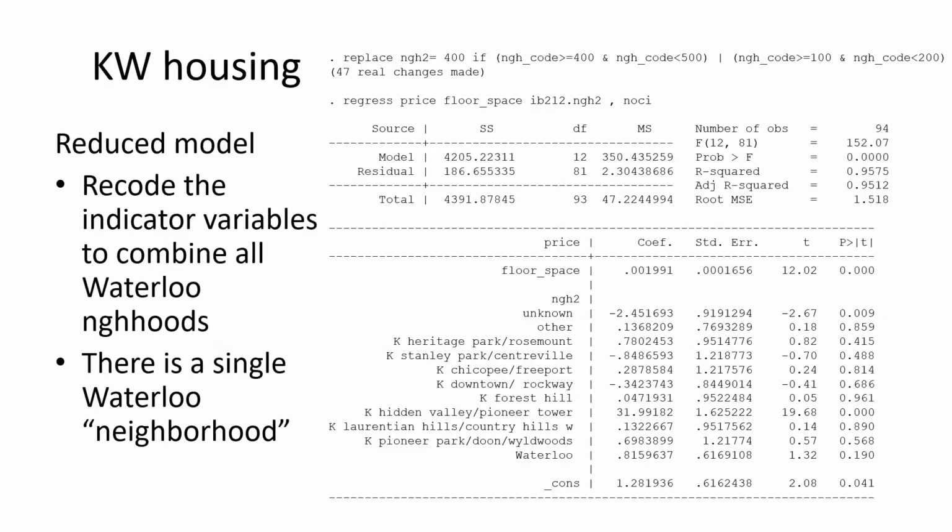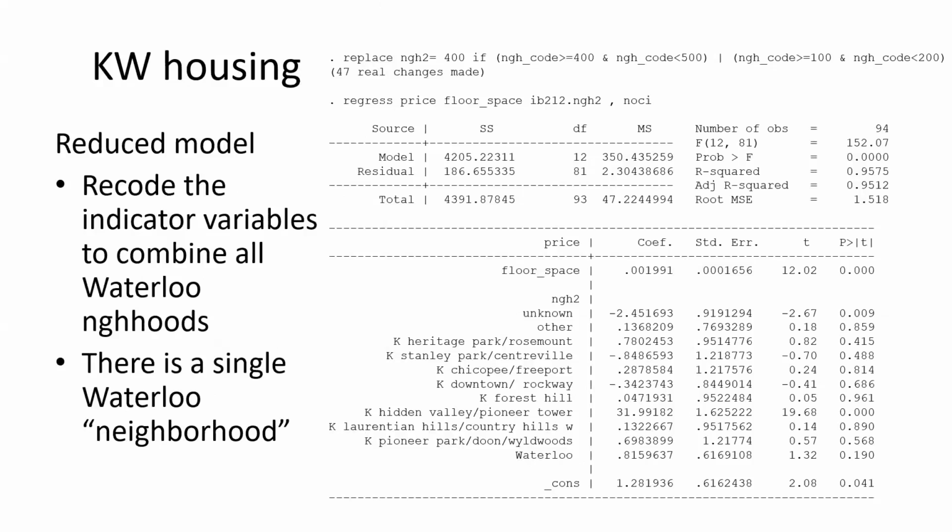Here I have the model in data with neighborhoods combined, regressing price on floor space and the indicator variables. For the Waterloo neighborhoods, they're all combined into a single indicator variable.